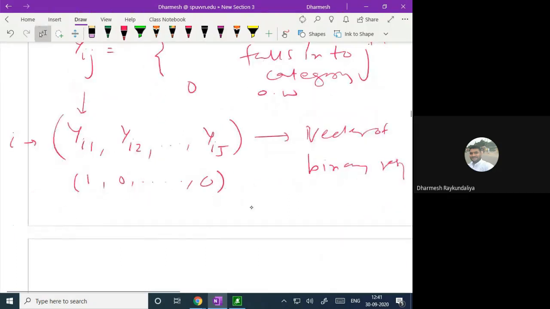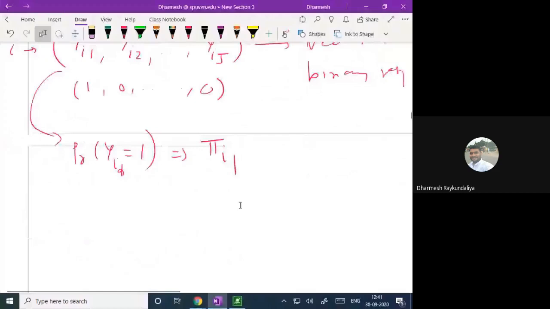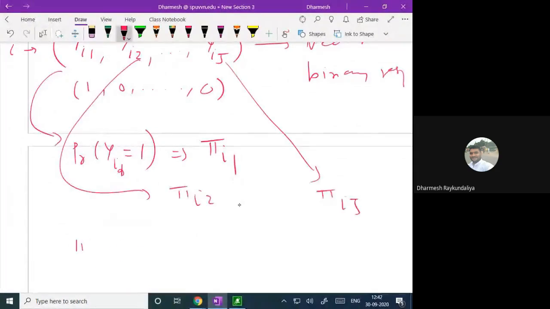So what is the probability corresponding to the first response? The probability that y_i1 takes value 1 is pi_i1. Similarly, the probabilities corresponding to the others are pi_i2 up to pi_iJ. And we know that the sum of pi_i1 plus pi_i2 up to pi_iJ is equal to 1.